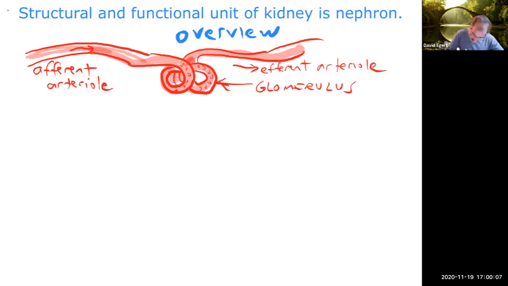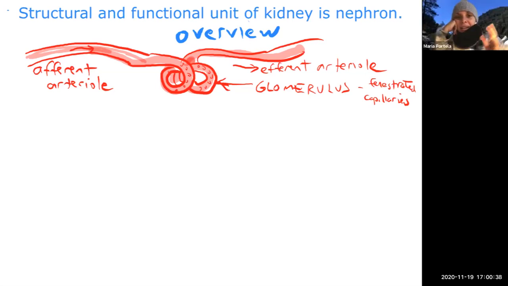Wait, let me spell it correctly. Glomerulus, this is basically fenestrated capillaries in a little ball. What do we know about fenestrated capillaries? They let things in and out.